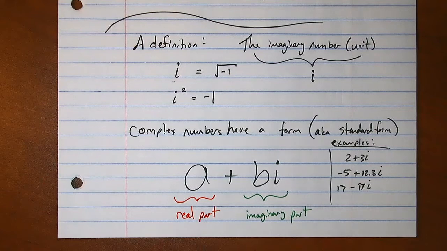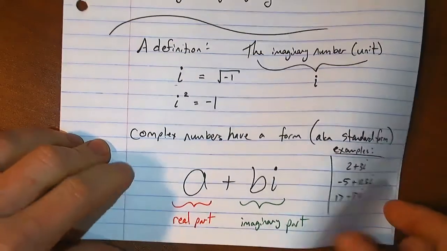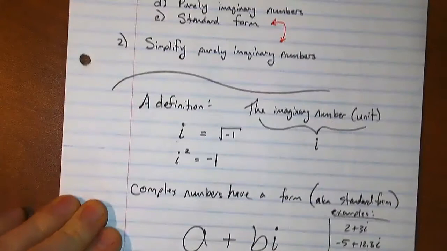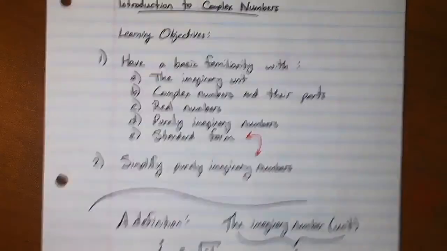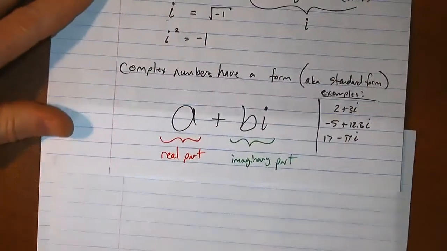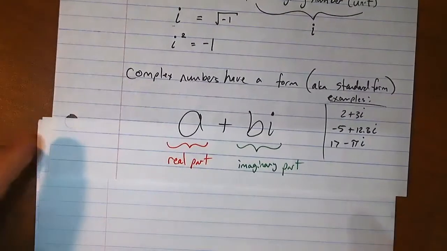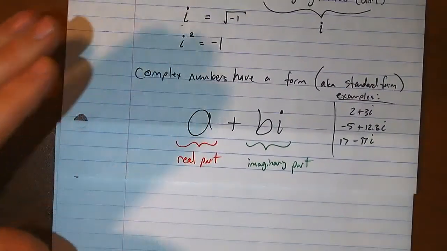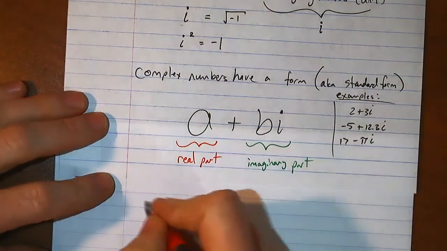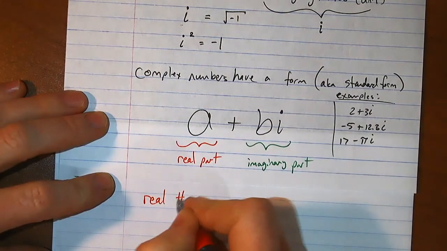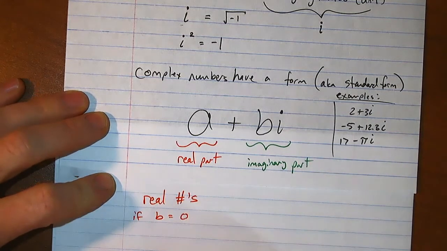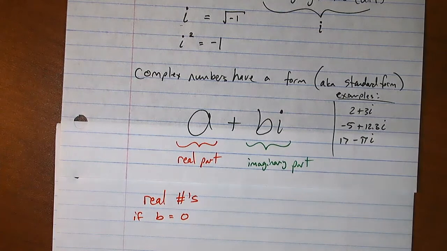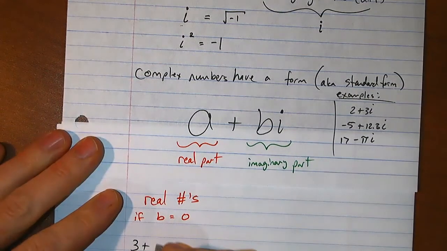Now, what happens is you can have these things called real numbers and purely imaginary numbers. These are our next two learning objectives, real numbers and purely imaginary numbers, made by taking a complex number and having one part equal to 0. So for example, I would have real numbers anytime B is equal to 0. Because think about what would happen here. Let's say I've got 3 plus 0i.